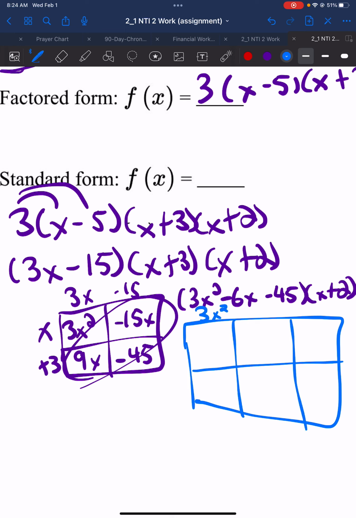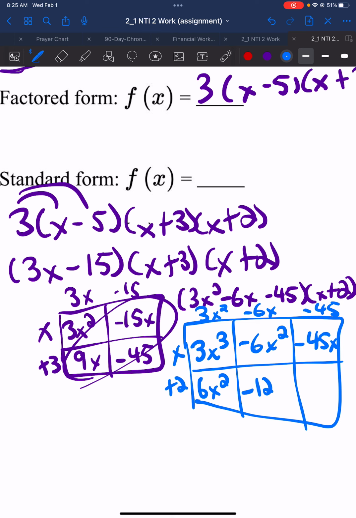So I got 3x squared, 6x, minus 45, x plus 2. So multiplying these out, 3x cubed minus 6x squared minus 45x. And then I've got 6x squared. Multiplying to get in the boxes, 12x, negative 12x, and minus 90.